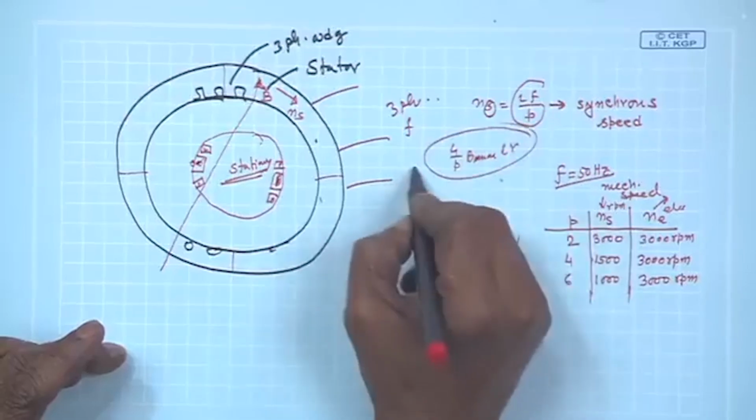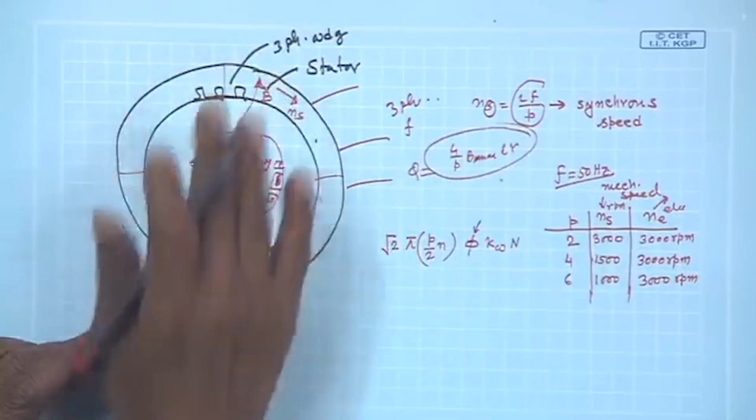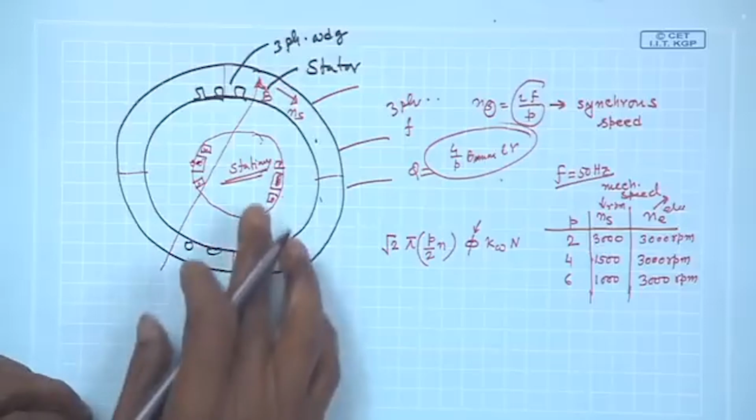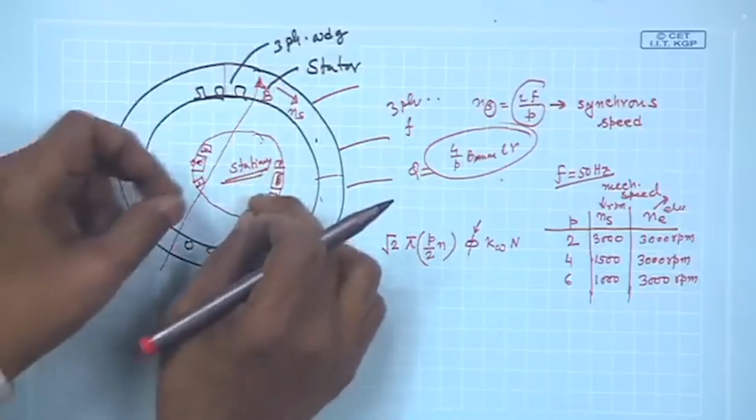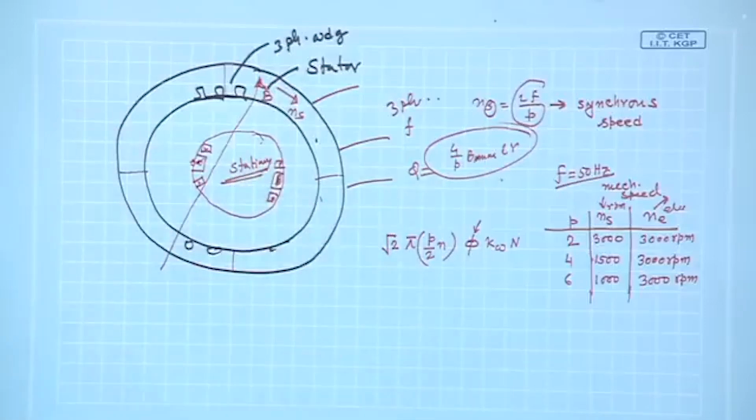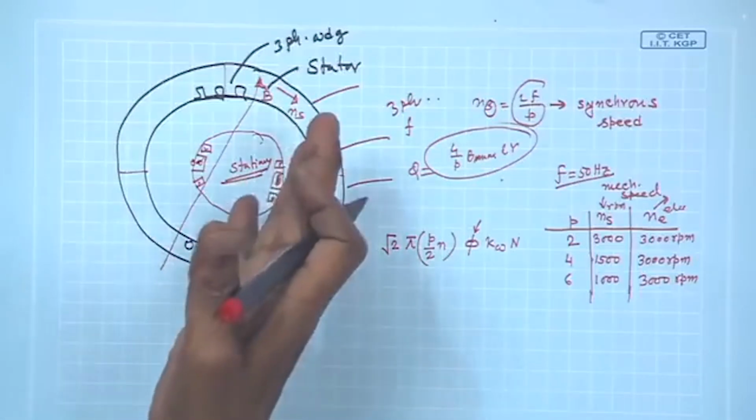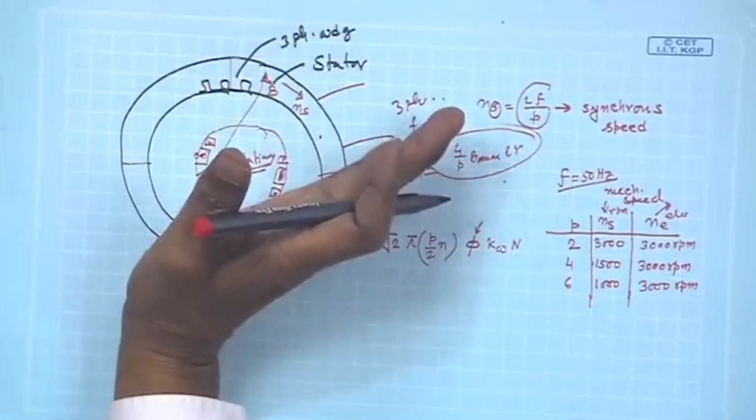That is how the flux per pole produced by the stator is to be calculated, and this coil is open circuited. I want to know what is the induced voltage generated. There is induced voltage across any coil if it has a relative velocity with respect to some field, and here this coil is stationary, this fellow is moving.